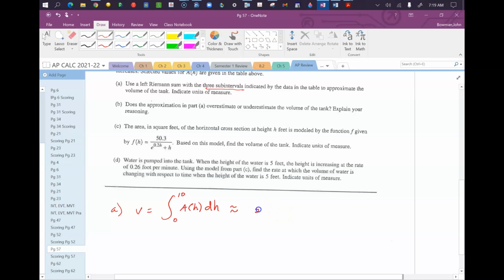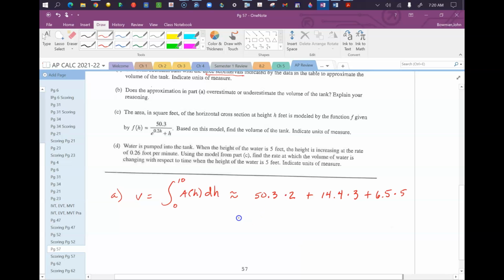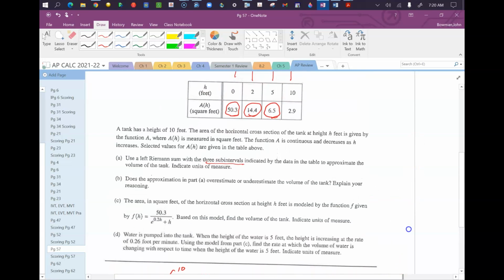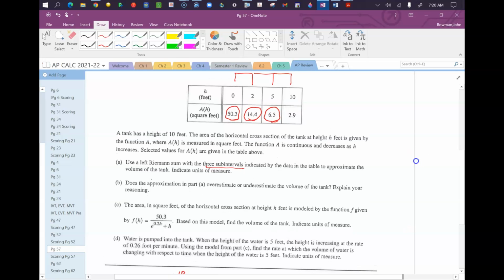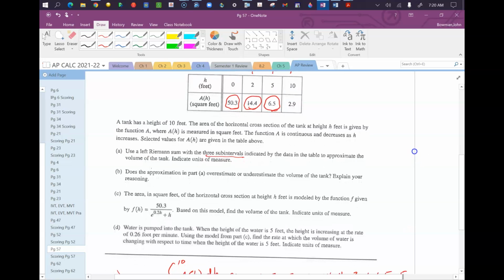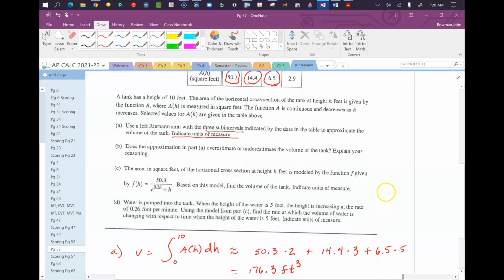So the value of the function at the left-hand side, 50.3 times 2, plus the value of the function at the left-hand side, 14.4, times the width of the interval, 3, plus the value of the function, 6.5, at the left-hand side, times the width of the interval of 5. And you can use your calculator for that, and that would turn out to be 176.3 feet cubed, because we're integrating square feet over dh, so it's going to be in feet. Indicate the units of measure, so make sure you include that as well.